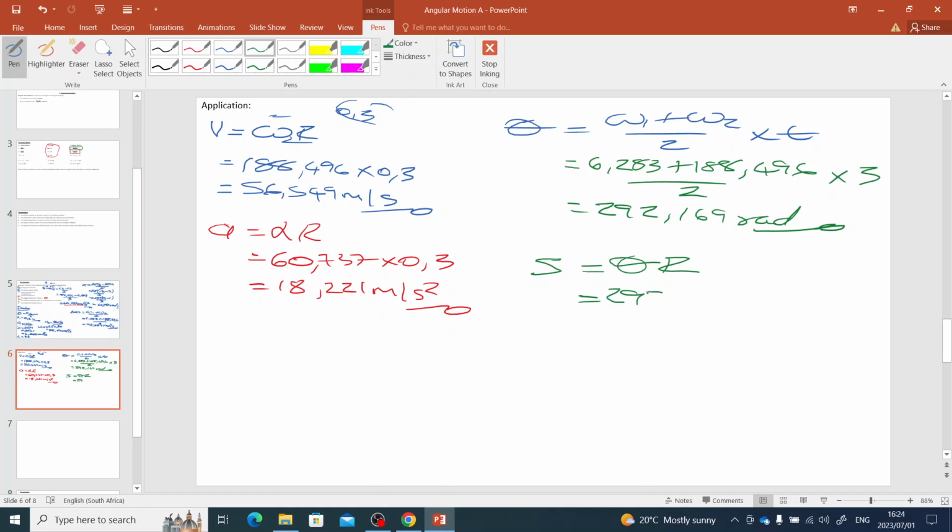It is 292.169 multiplied by 0.3. Then our answer is 87.651 meters.